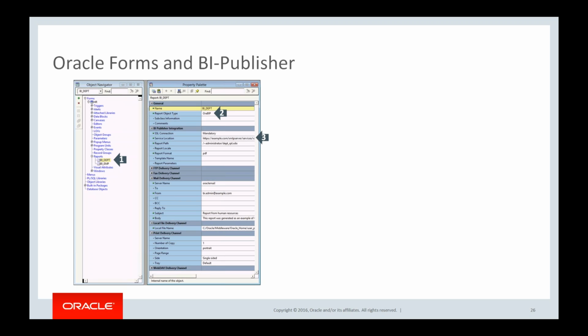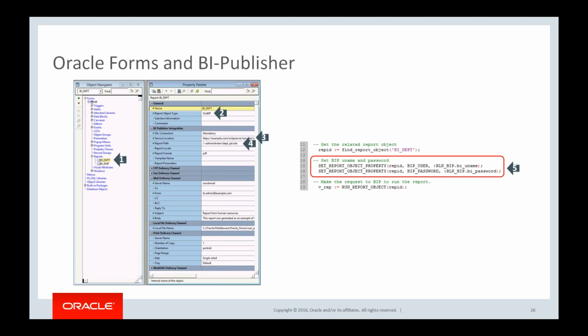Because we use BI Publisher's web services functionality, you're going to have to tell the Forms application where to find the BI Publisher web service. And then just like you would do in Oracle Reports, you're going to have to tell Forms where to find the report that you want to run. One of the requirements you're going to have with BI Publisher integration is that you have to programmatically set the username and password for BI Publisher.